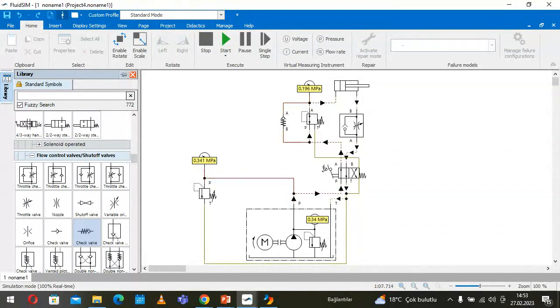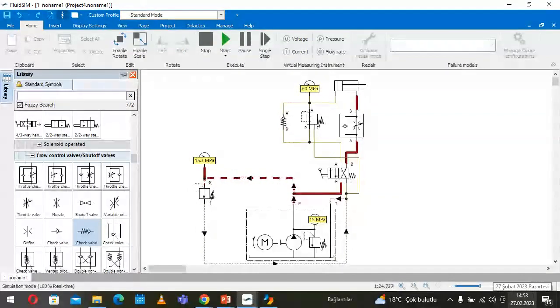So this we need, because 10 bar means this cross section of the piston times 10 bar is the force acting via this piston rod. So therefore, we are able to adjust the force acting via the piston rod, and this is very comfortable in hydraulics. So you can adjust the force on the piston rod very comfortably.